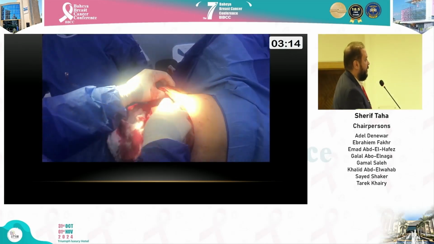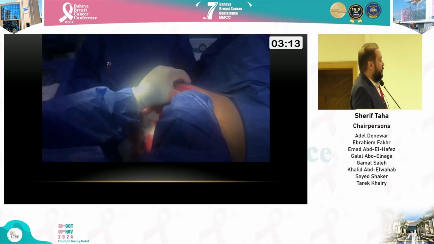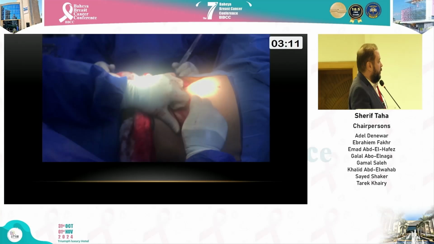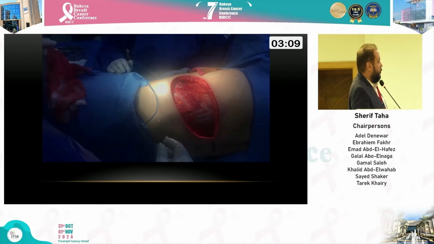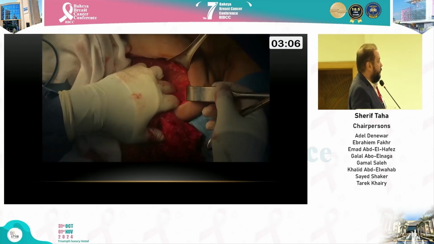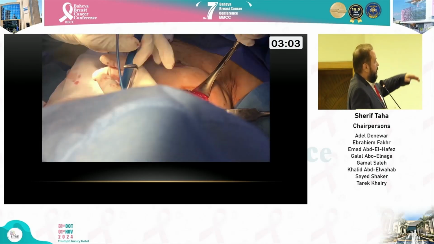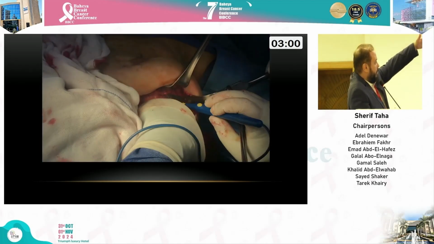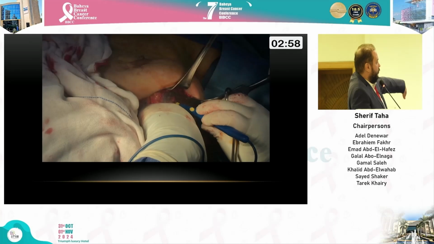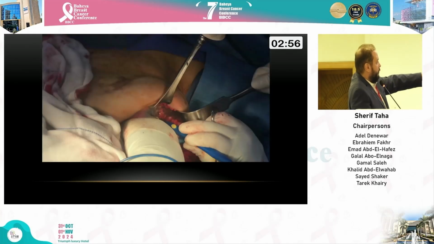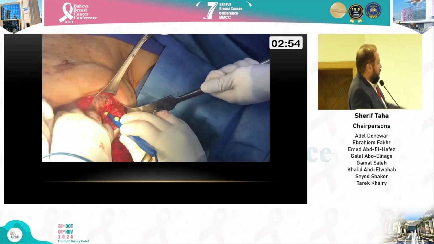Then the LD is tunneled to the front. Fascia of the back is closed over suction sutures. Here, cranially is upwards, caudally is downwards, and the tendon of the LD is dissected.